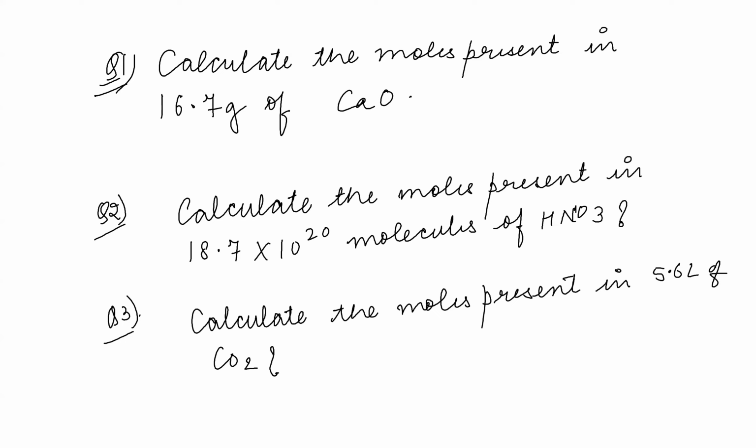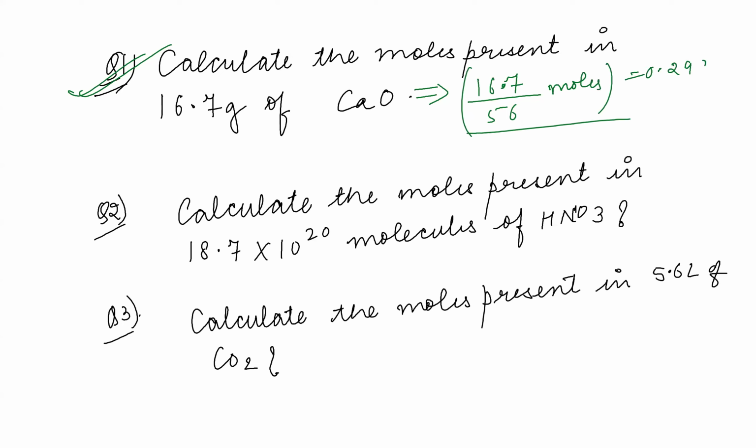What did you do in the first part? The first one was 16.7 divided by 56, which is 0.2982. And the second one was 18.7 divided by 6.022, that's 3.11.